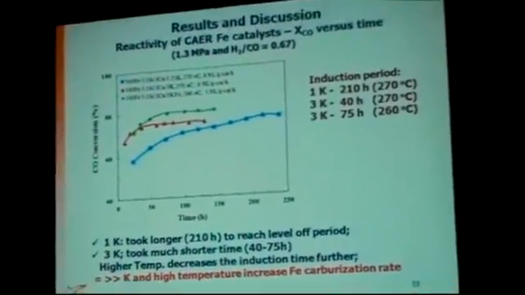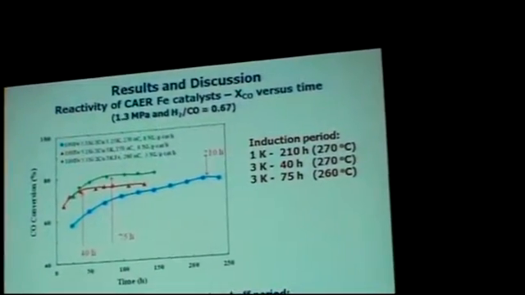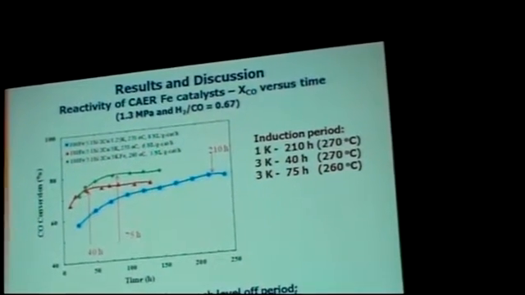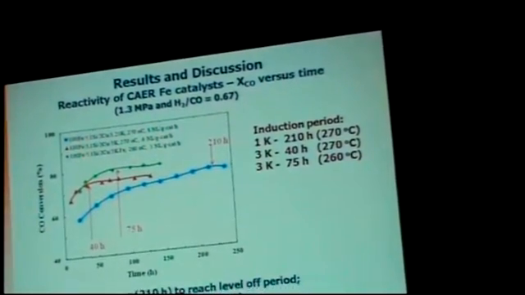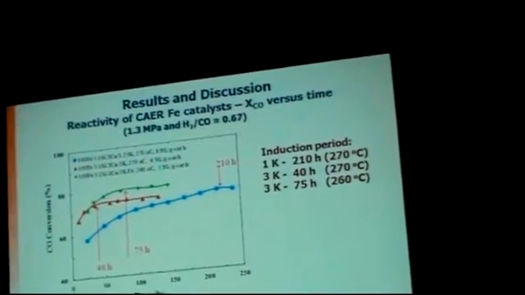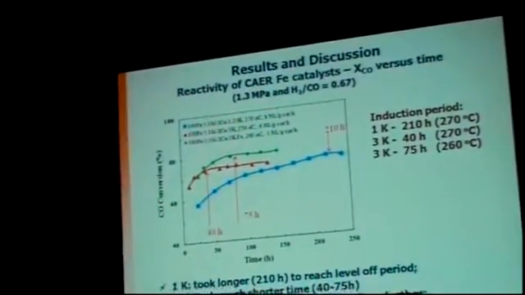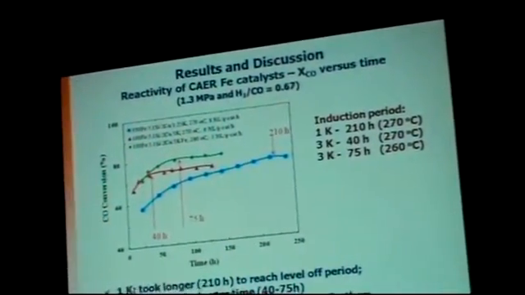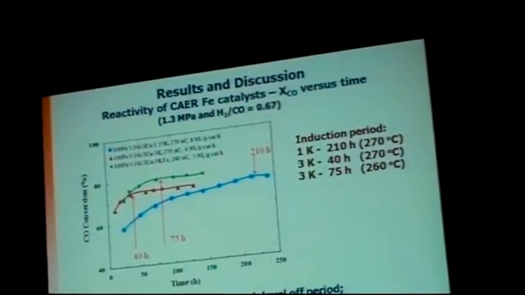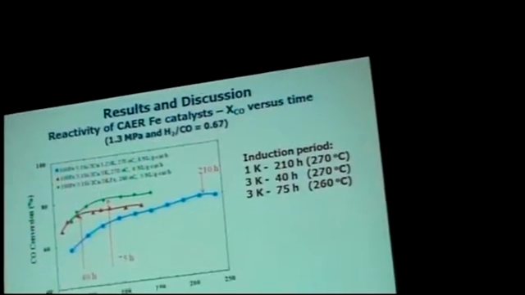However, the induction period changed very significantly with the potassium loading. For the 1K catalyst, it took 110 hours to reach steady state, but for the 3K catalyst at 270 C, it takes only 40 hours to reach steady state. And when the temperature goes down to 260, the induction time increases to 75 hours.